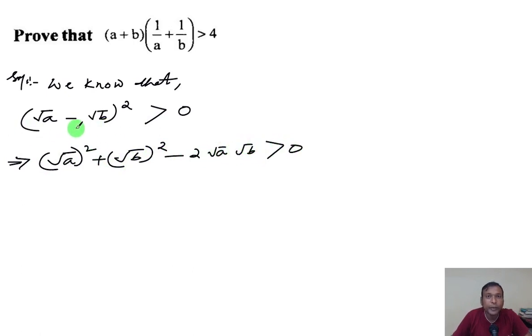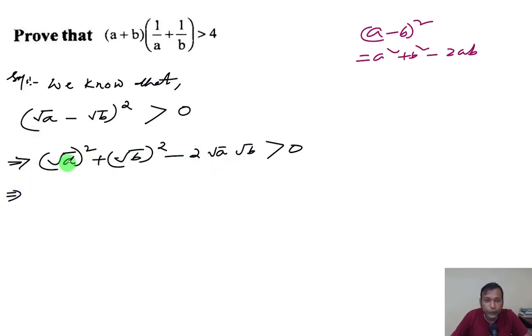This is of the form a minus b whole square, and if it is a minus b whole square, we get a square plus b square minus 2ab. So here a square plus b square minus twice ab is written.